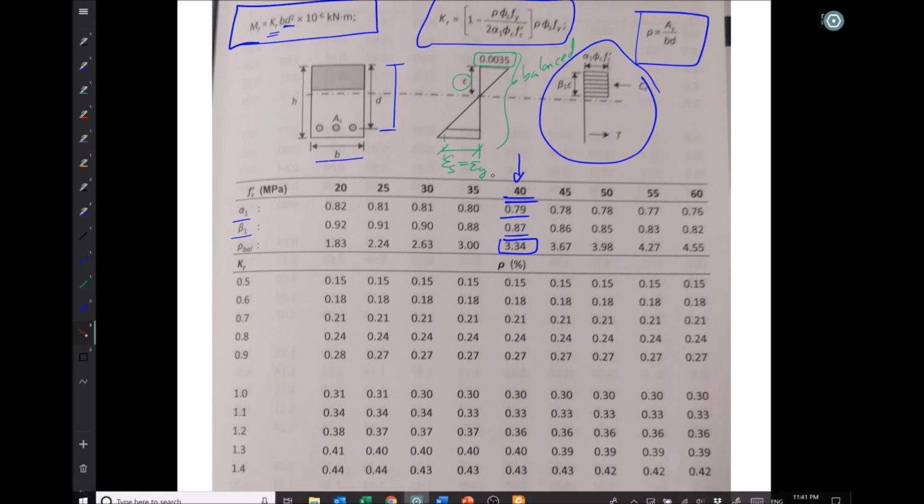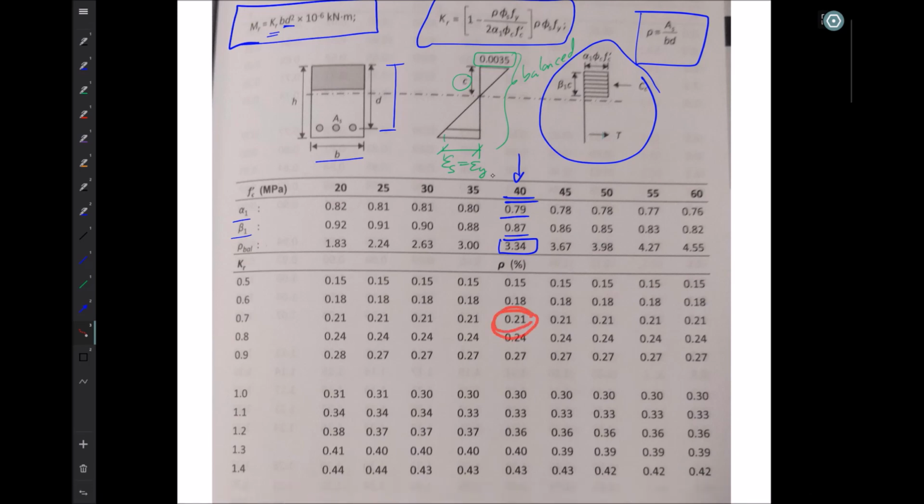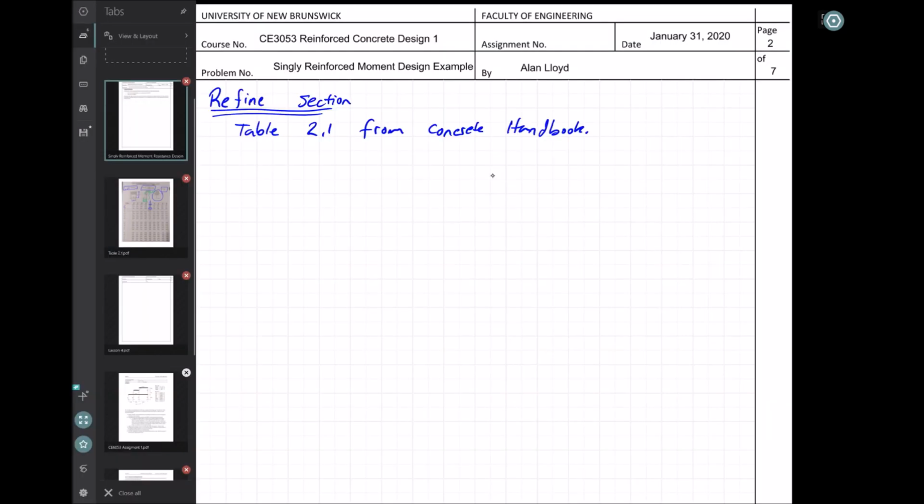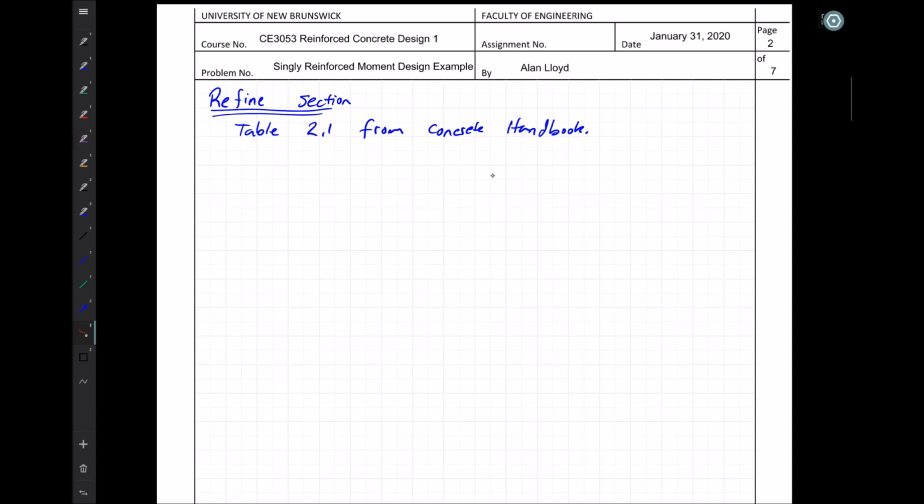For example, if we had 0.21% steel in our beam, we can find 0.21 for 40 MPa concrete, work our way across, and find the Kr value of 0.7. We then take that 0.7 and put it in our Bd squared times 0.7 equation, and we get the value of moment resistance with a unit conversion factor afterwards. I am going to use this table to help us with our preliminary design here.